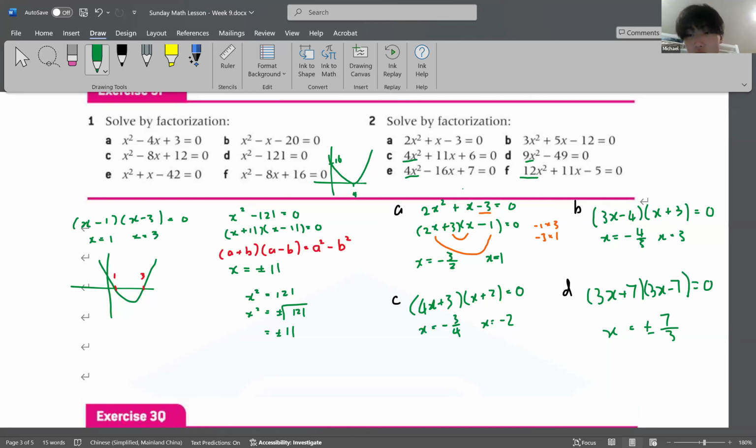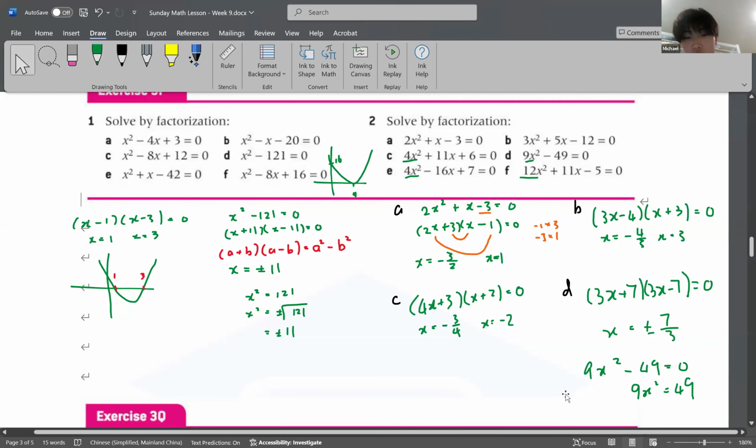Once again, you can use what I told you before. So if you see something like this, x only appears here once. So technically, we have already completed the square. So here we have 9x squared equals 49.